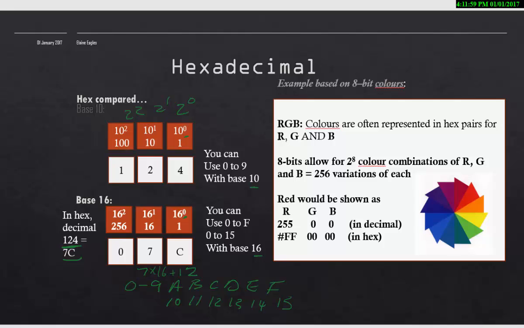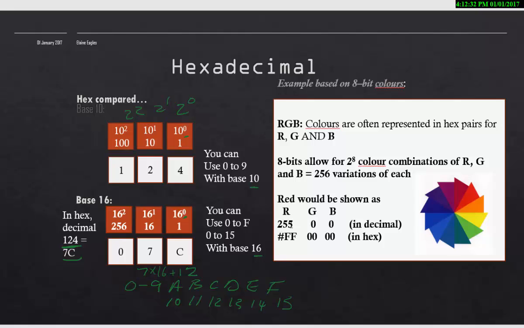So you have the possibility of a pair of FFs, which is 255, so 0 to 255, to represent 256 possible combinations in every R, G and B. So 255 here will allow you full red. Nothing here will allow you no green, no blue. So that's pure red. Pure red represented using all the possible values.